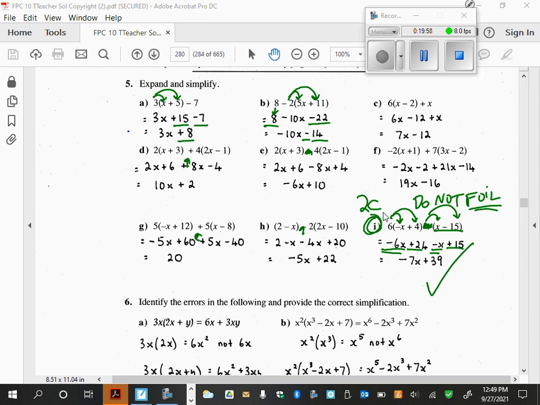Anybody not get the numerical response page? Didn't get it? Can you take a picture of Libby's front page of her numerical response? Raymond, take a picture of Libby's front page. Yeah, me too.